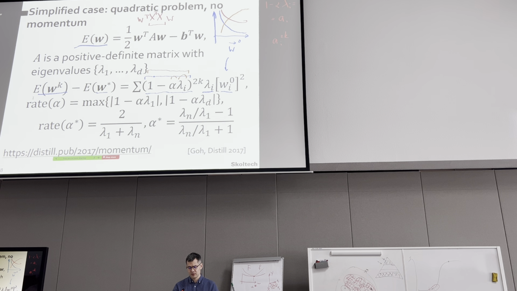For neural networks, it would be much harder to guess what's inside this. Actually, we can assume that this problem is close to a quadratic problem, and in this case, this matrix A would be the matrix of the second partial derivatives of the loss function, d squared L over dw_i dw_j.